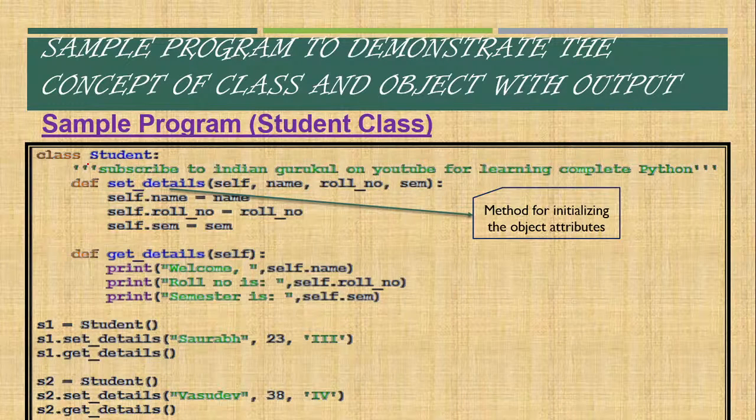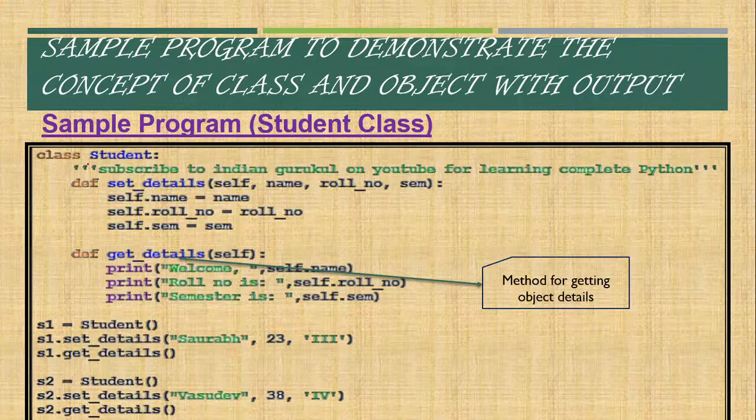So this set details method, we use this method to initialize the object attributes. And this get details method was used to get the object details.